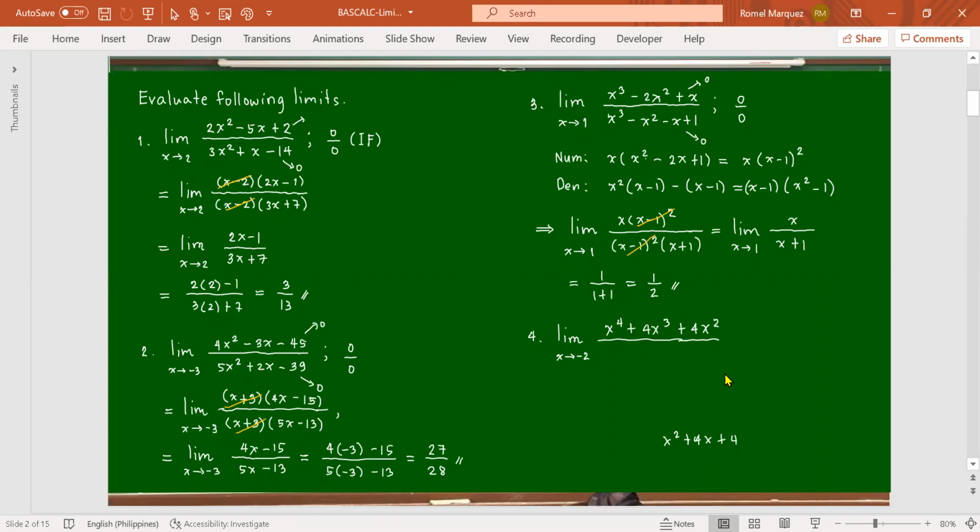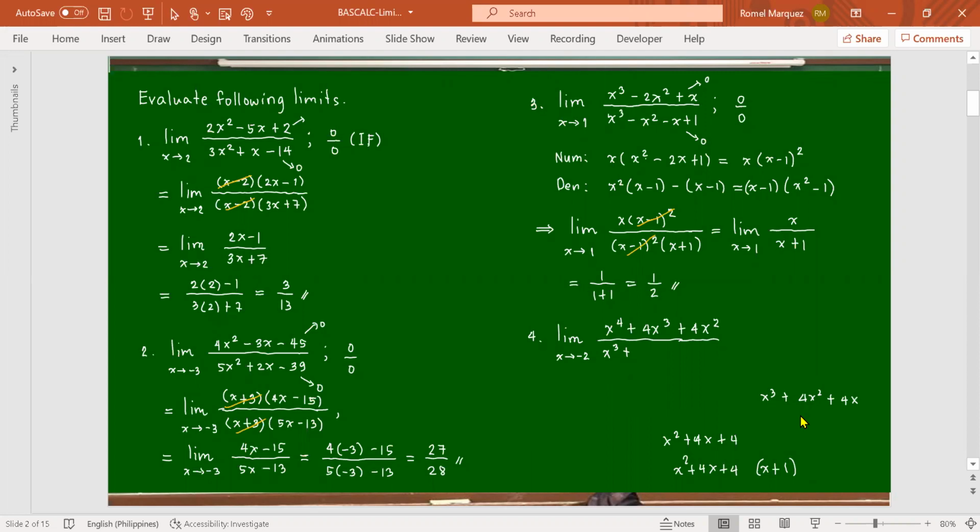Okay? And then x squared plus 4x plus 4, multiply, let's say, by x plus 1. So that is x cubed plus 4x squared plus 4x.